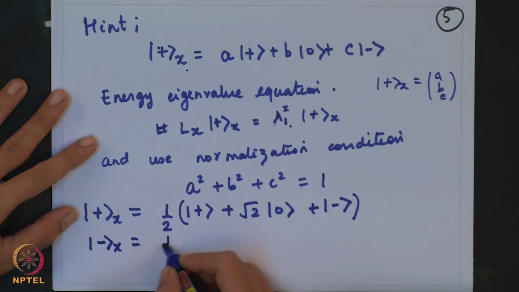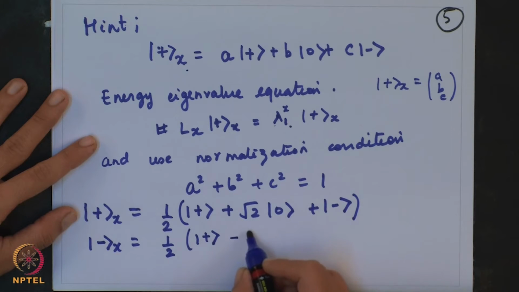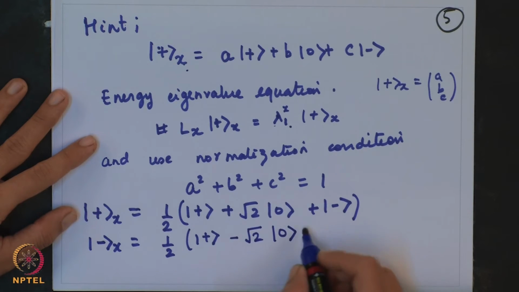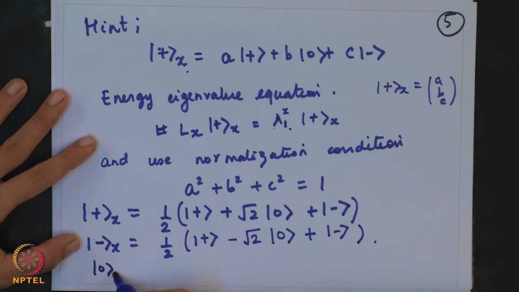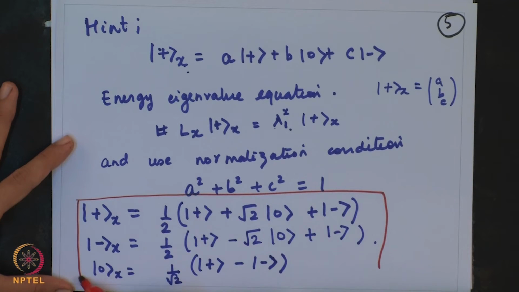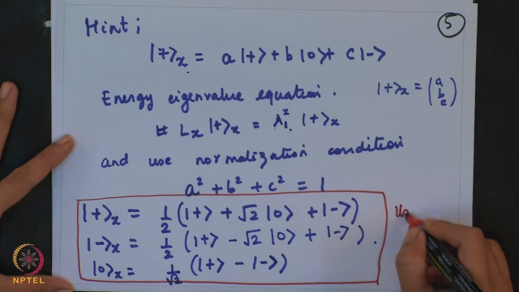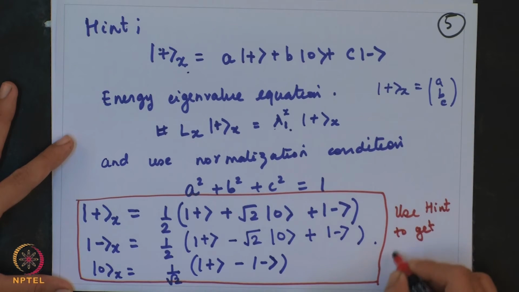The second gives one half, ket plus minus square root of 2 ket 0 plus ket minus, and the third one is 1 by root 2, ket plus minus ket minus. So, use the hint to get this result.